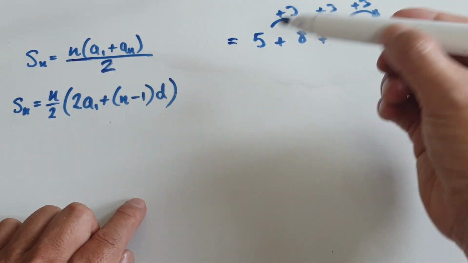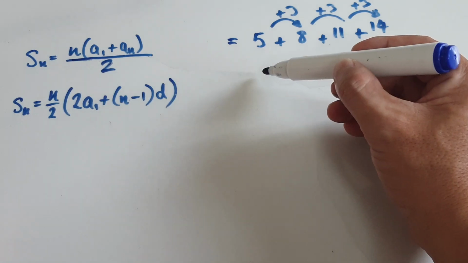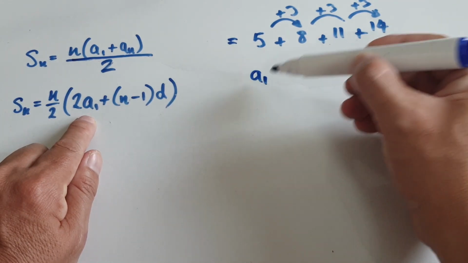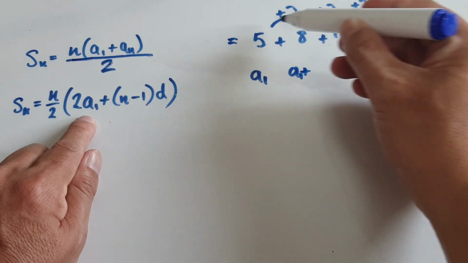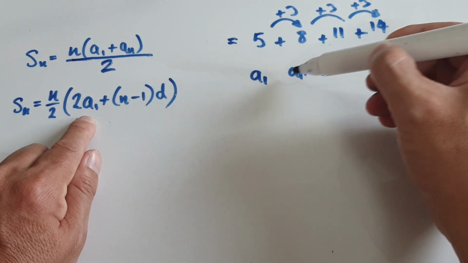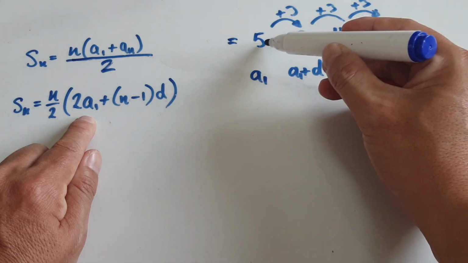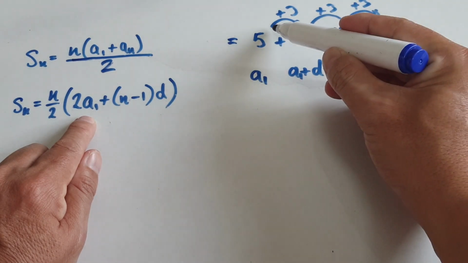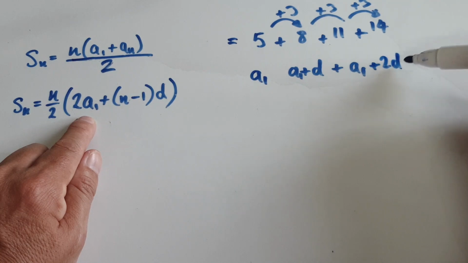So you sum up everything. So let me just rewrite this. So your first term, A1, and then your second term would be A1 plus your common difference, D. Your third term would be A1, and then you jump twice, 1, 2. So plus 2D.